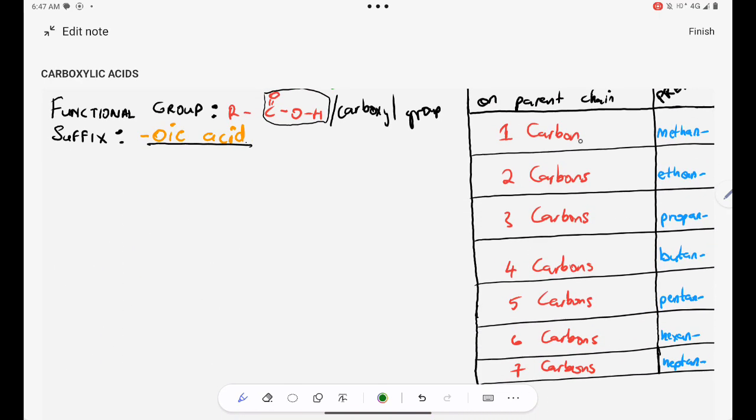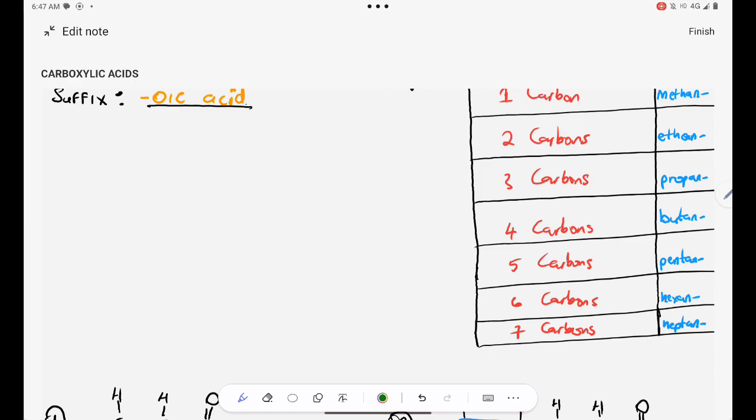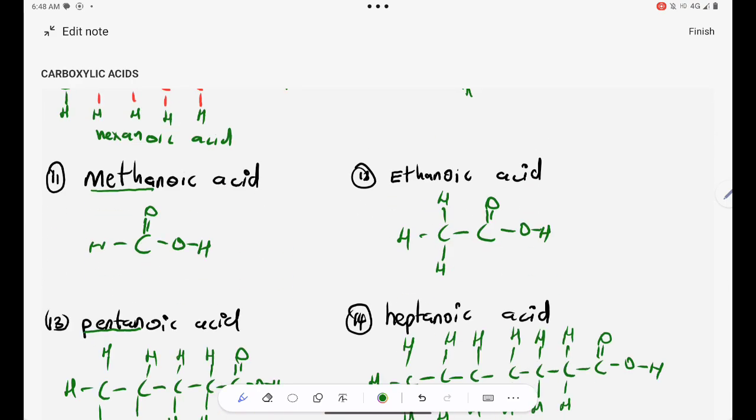If you have 1 carbon on your carboxylic acid, the IUPAC name will simply be methanoic acid. If you have 2 carbons, that's ethanoic acid. 3 carbons, propanoic acid. 4, it's butanoic acid. Then you have pentanoic acid, hexanoic acid for 6 carbons, heptanoic acid for 7, for 8 is octanoic acid, and so on, guys.